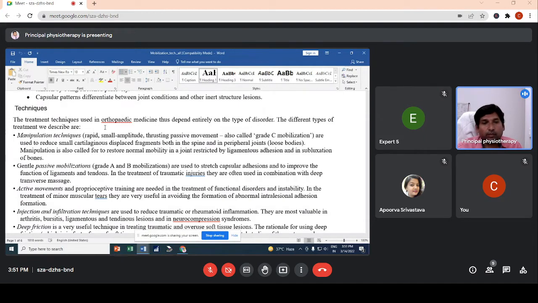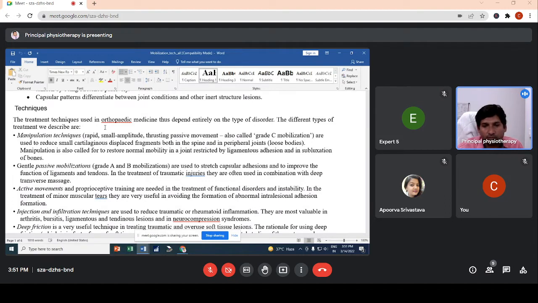A small amplitude high velocity thrust. Passive mobilization is used to stretch capsular adhesions and to improve the function of ligaments and tendons. See, tendons are the contractile tissue, and because of shortening in the tendon, there is a chance of decrease in movement.